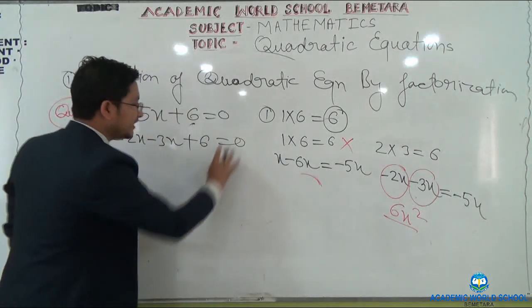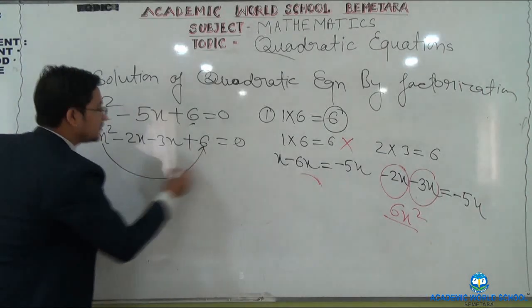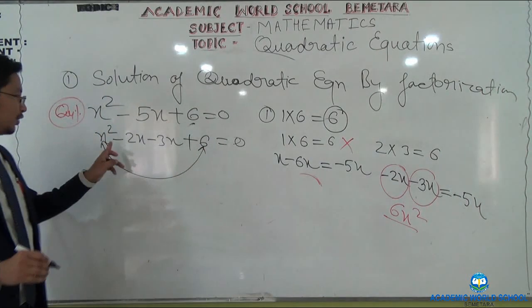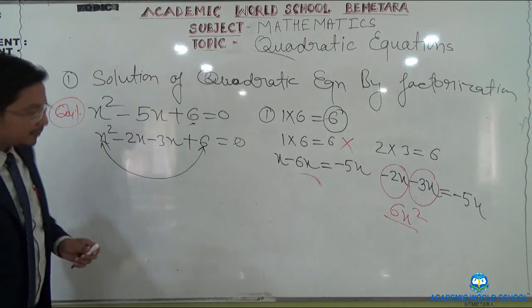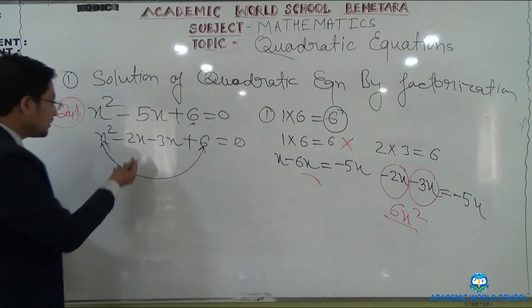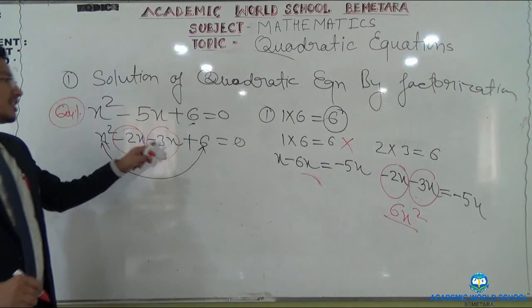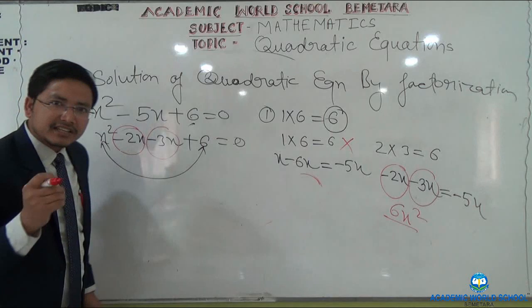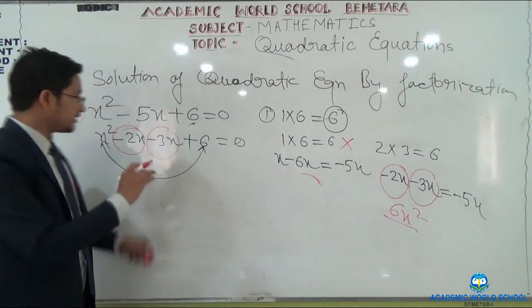The important point is that the first term and the last term we multiply, that will be 6x square, and if I multiply these two terms, minus 2x and minus 3x, I will get 6x square, then only the factorization is said to be correct.